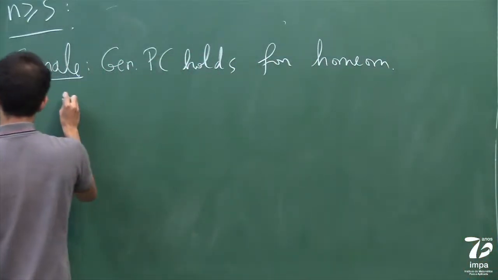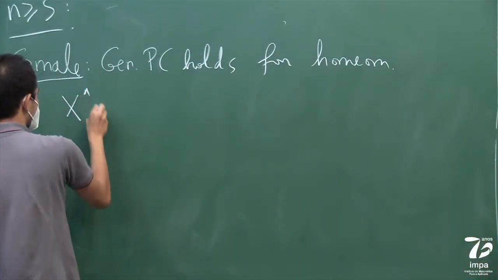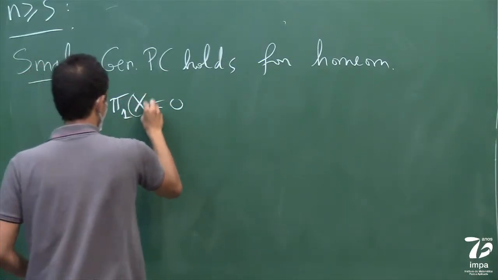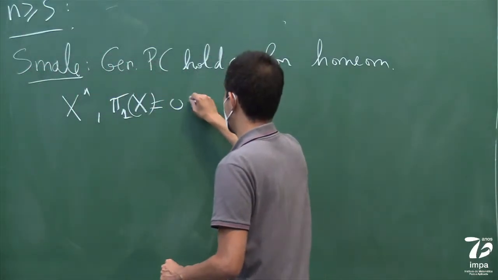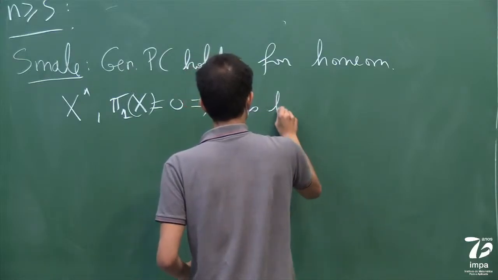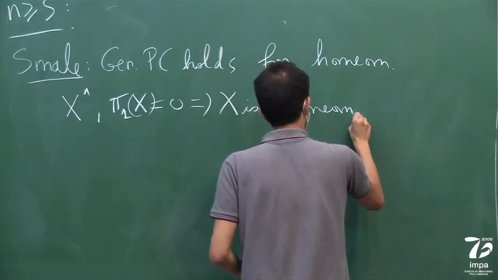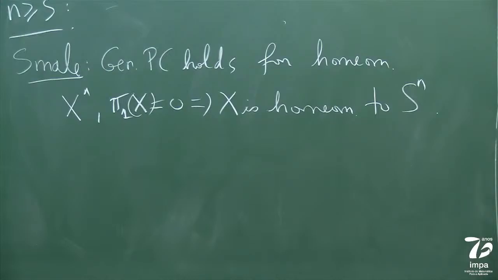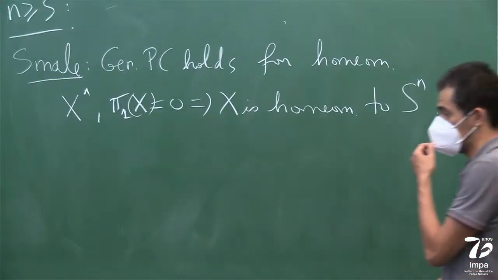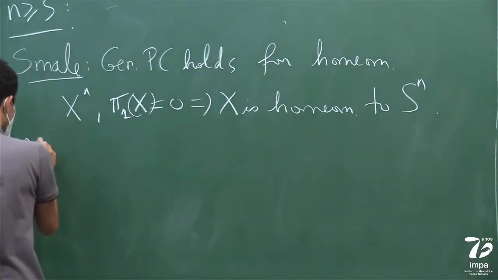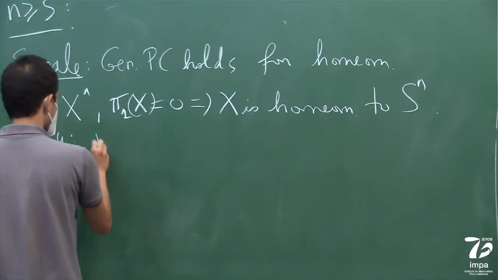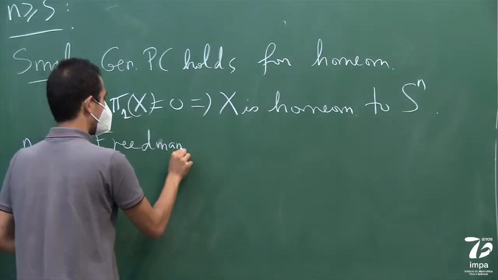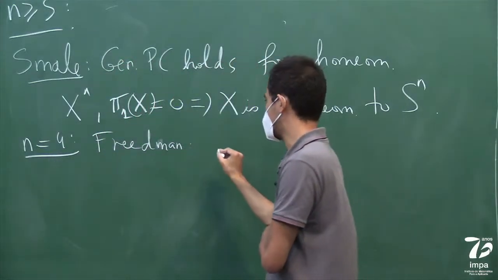That means that if your manifold X is simply connected, then X is homeomorphic to a sphere. Okay? And in dimension 4, Freedman proved that that's true as well. So also true.